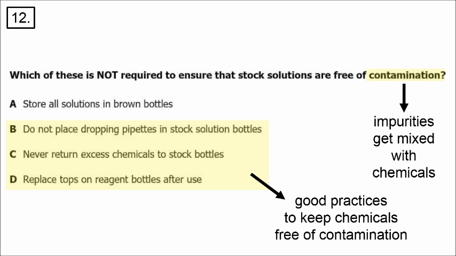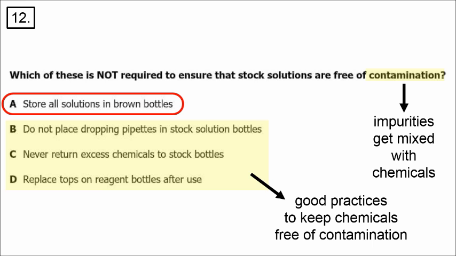You don't want to do that. Pouring an excess chemical back to the stock bottle might also produce contamination, so you shouldn't do that. And it's always a good idea to replace the tops on reagent bottles, again, to avoid contamination or spillage. But storing a solution in a brown bottle is not required to keep impurities from getting mixed with your chemicals.